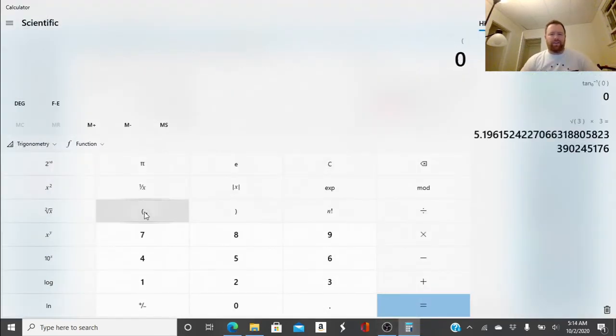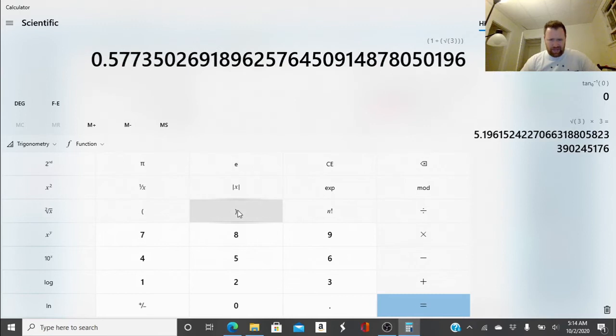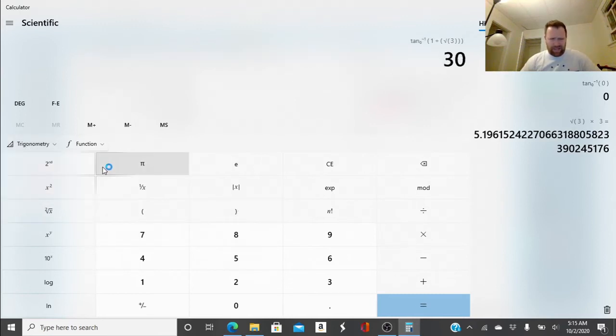And okay, we're going to do 1 divided by the square root of 3. Okay, and then we're going to take the inverse tangent of that, and we'll get 30 degrees.